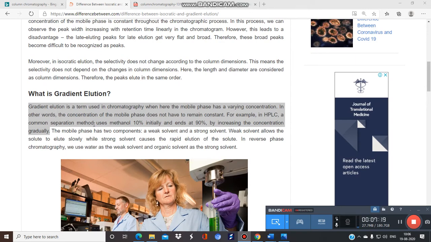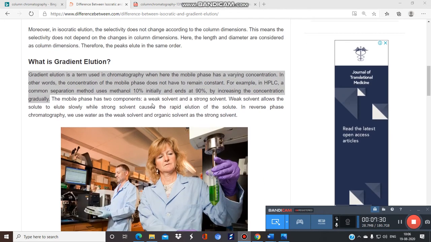For example, a common separation method uses 10% methanol initially and ends at 90%. So we start with 10% methanol and end with 90% methanol. That means we have increased the polarity of the mobile phase by increasing the concentration gradually. This method is known as gradient elution, and generally we follow the gradient elution.